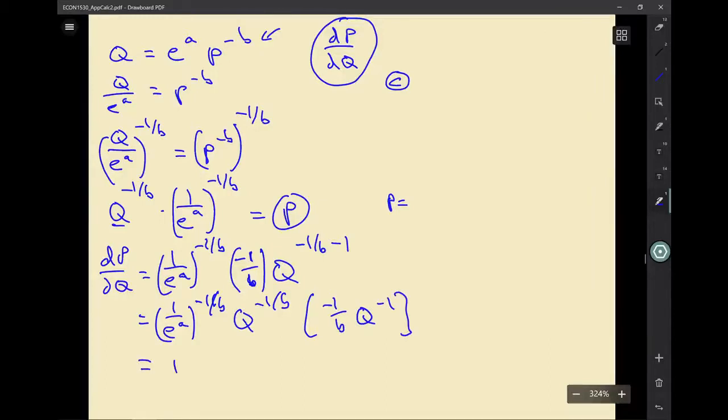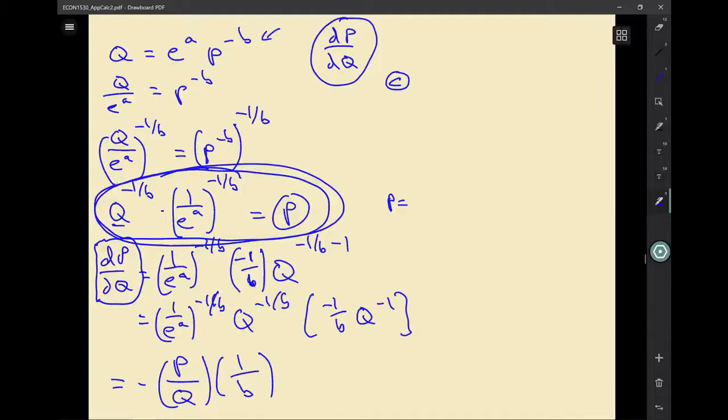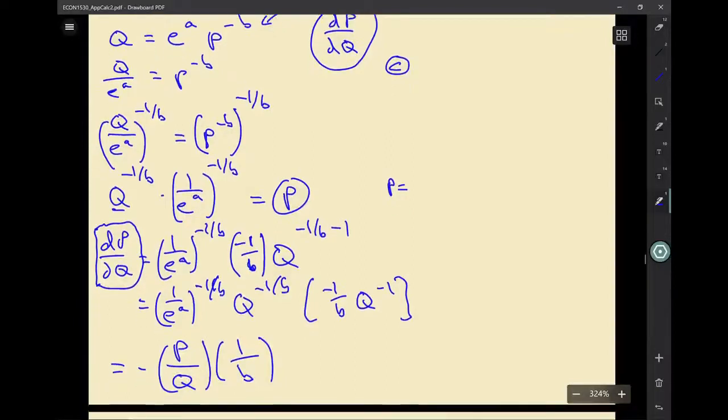And so we're going to have P over Q times 1 over B. And I'm going to just move that negative sign into the front so it looks a little bit nicer. And so another way of writing the change in P with respect to Q is to perform this change where we recognize that P is equal to this ugly thing here. And when we see those ugly bits, we replace them. And so now we've got this nicer looking expression that says the change in P with respect to Q is just equal to negative P over Q times 1 over B.